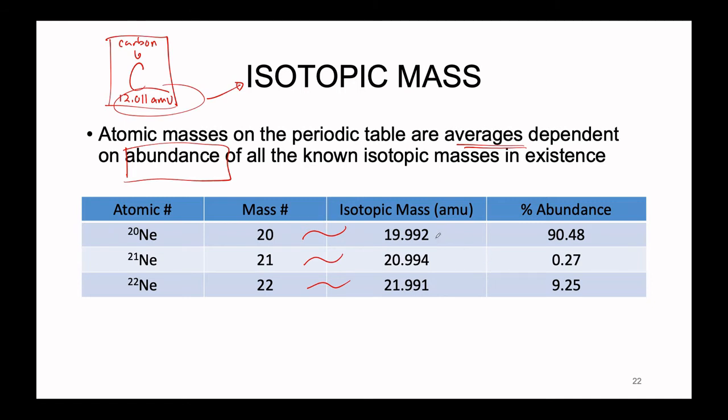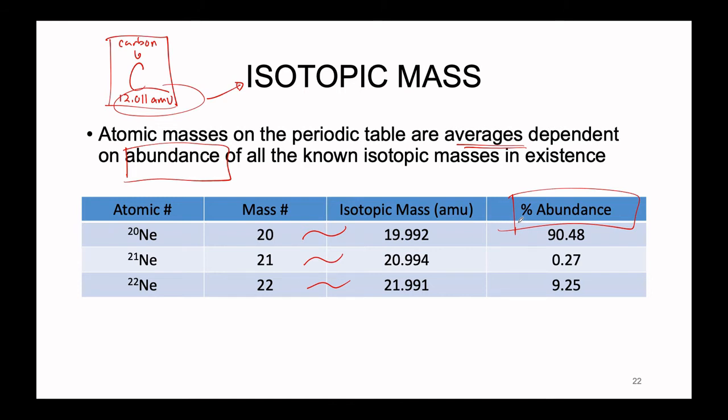However, we are not just going to take a straight average of this number to give us what the average atomic mass is for neon. No, we need to take into account how much of each of the isotopes are there in the universe. So if you've ever wondered why the periodic table changes, like why did the masses change?